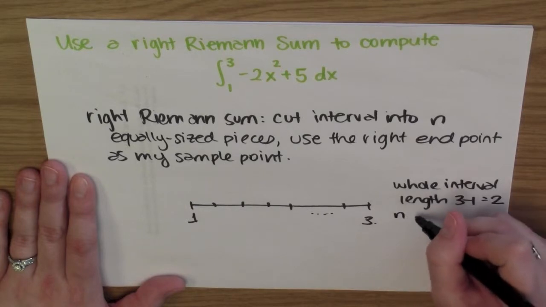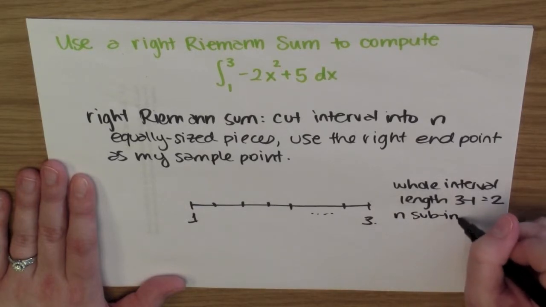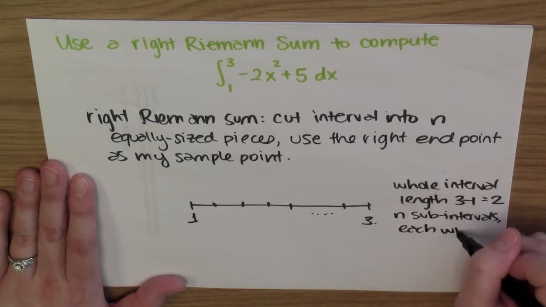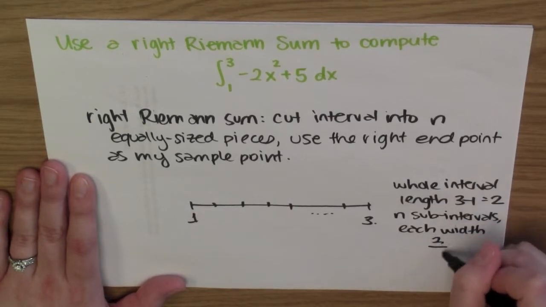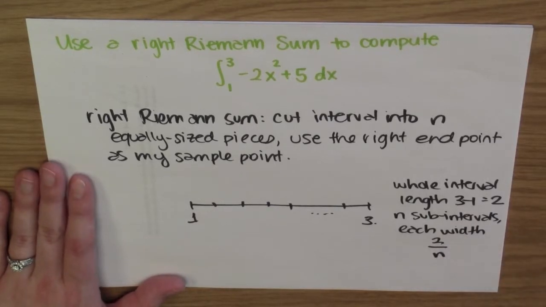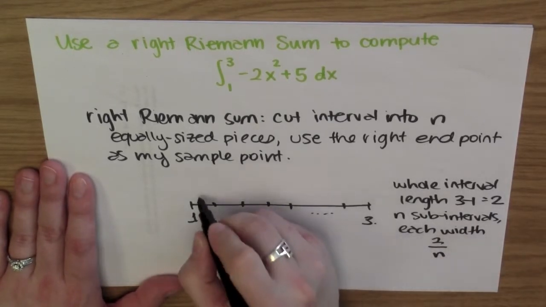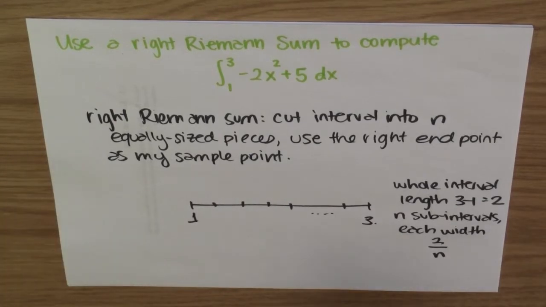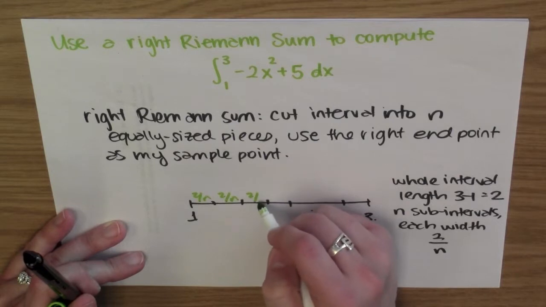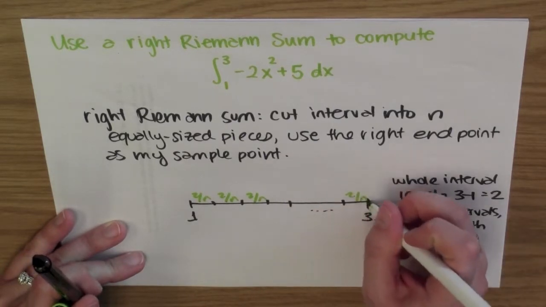And so if I take n subintervals, each has width 2 over n. 2 is the length of the whole thing, and then I'm chopping this up into n individual little pieces. So the width of this little piece is 2 over n. The width of this piece is 2 over n, etc., 2 over n.